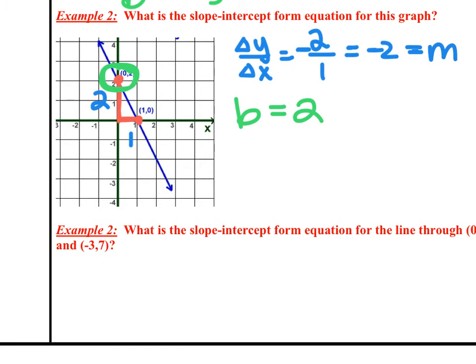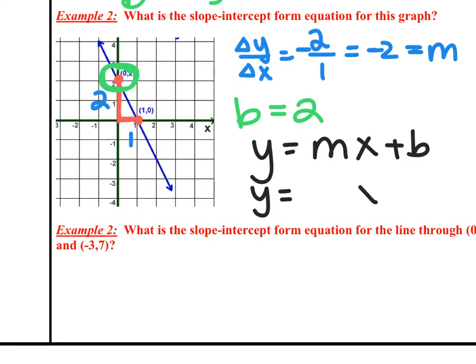Now we're just going to put that into our equation, y equals mx plus b. So that should be the line, y equals -2x plus 2. We started at 2 and then we went down 2 for every 1 in our x.